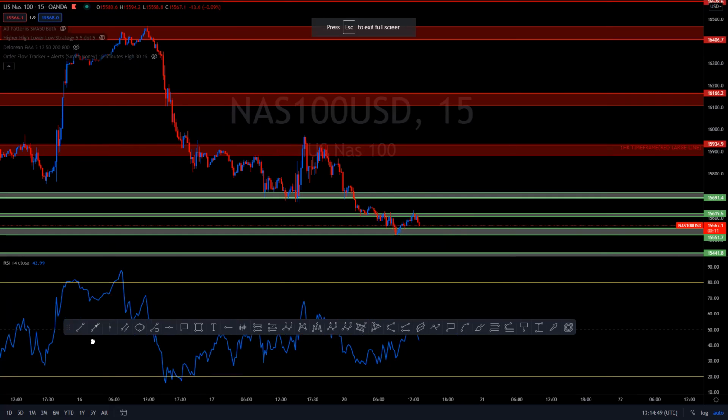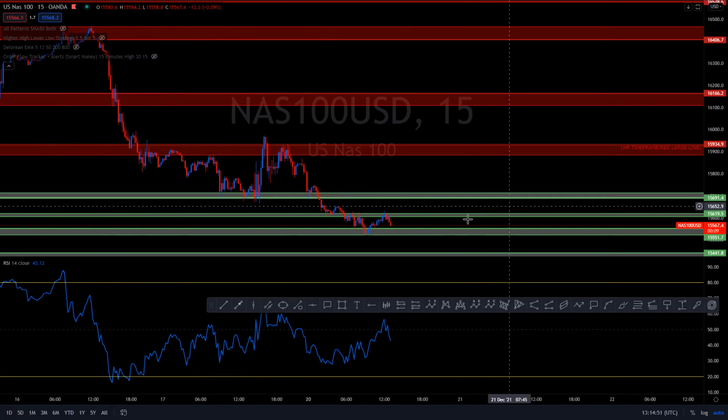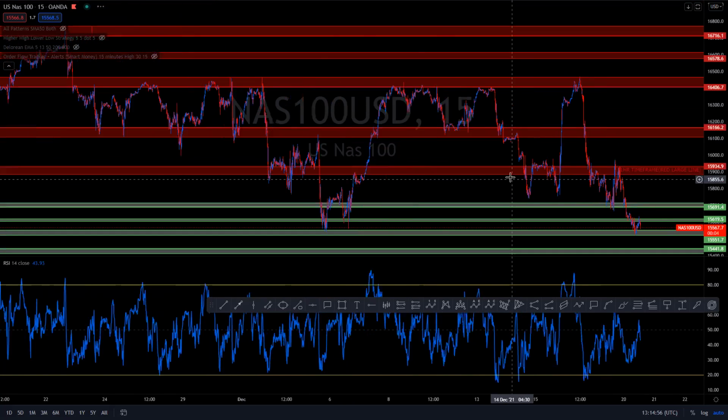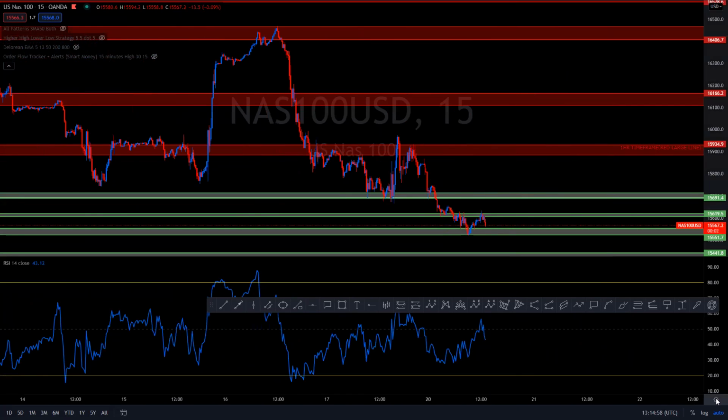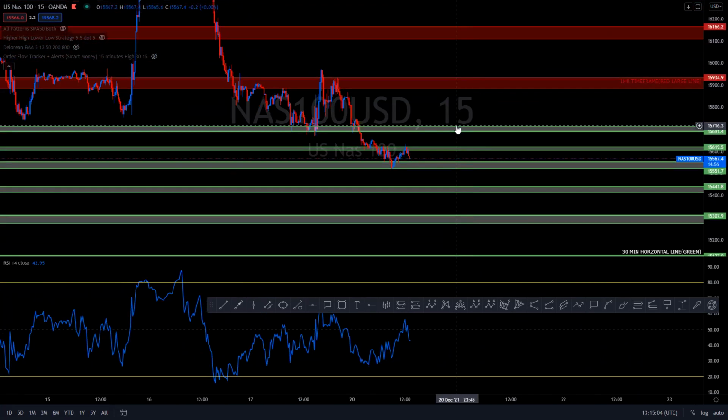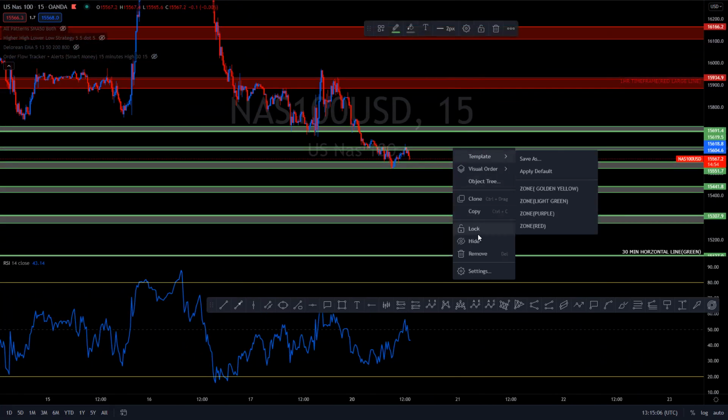It's like I drew these zones a little too close to each other. That's okay, because what I can do is just erase some of them. So probably erase this one.